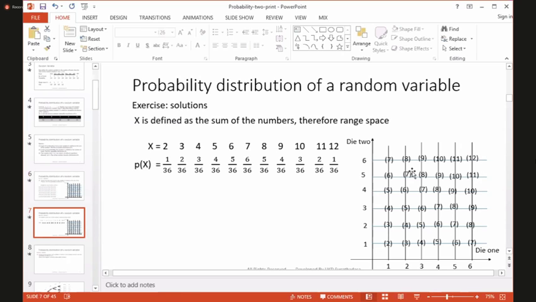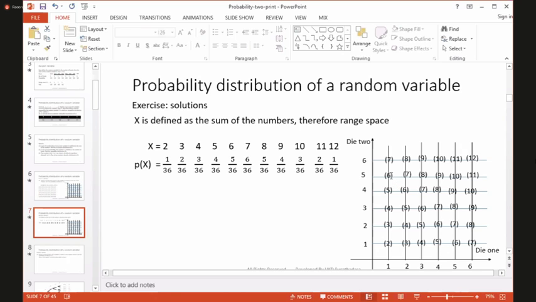Now see, it may be slightly different from what you see in your hard copies, because now I have put the total here. If you add the two numbers at the cross, you get the total. This is 2, this is 12. So you can understand the frequency: the total 3 occurs only 2 times, 4 can occur 3 times, 5 can occur 4 times. The frequencies are different.